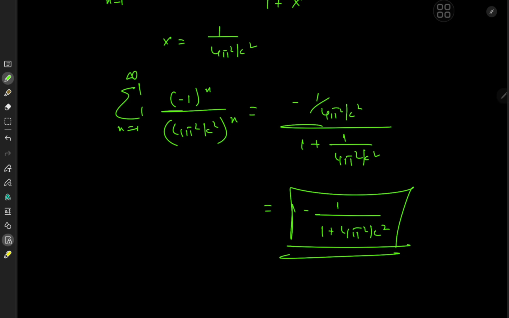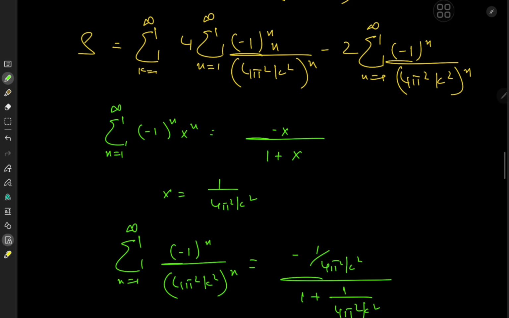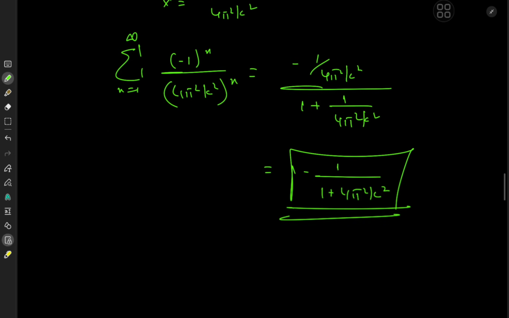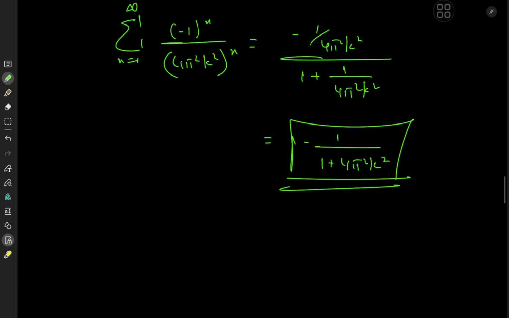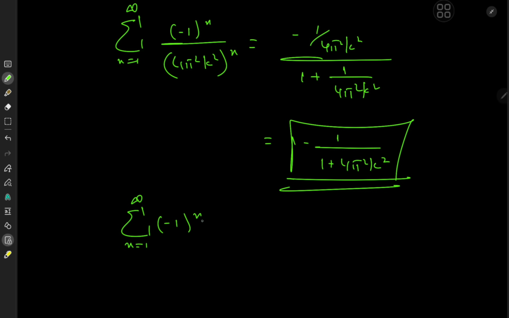And for the other sum, notice that we have an n over there. So a template should be the sum over n of (-1)^n x^n. Rather, I could just start from 0 and then get 1 over (1 plus x).